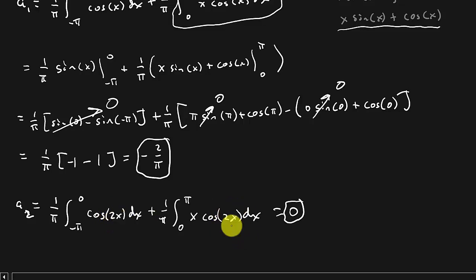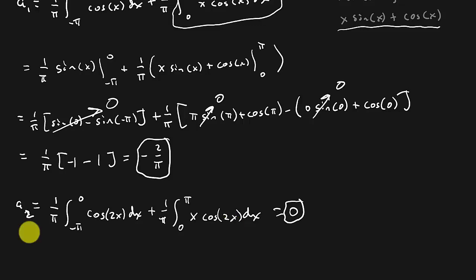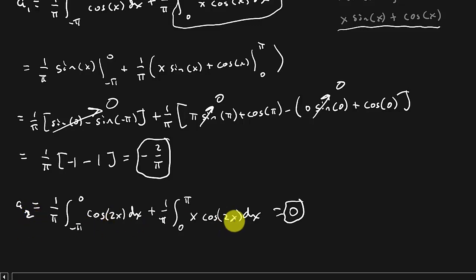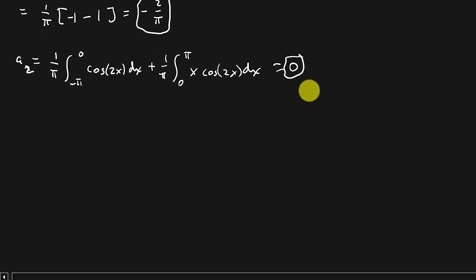So it's going to be worked exactly like we're fixing to do A3, except we've got a 2 instead of a 3. Okay. The video is already going to be long enough. So just trust me on that one. It's going to be 0. Okay. All right. So now let's find A3.